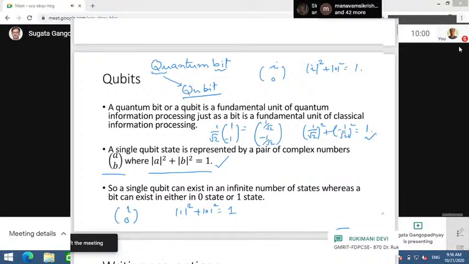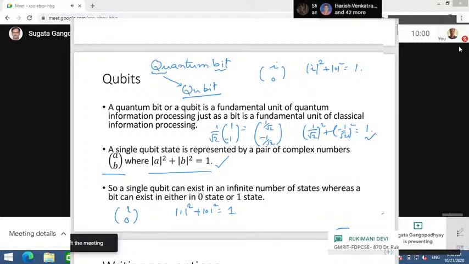Now there's a way of writing these states, so it's worth looking at that. Since it's a pair of complex numbers, we have two components, and each component can carry a complex number. The number 1, 0 is traditionally written as ket 0.